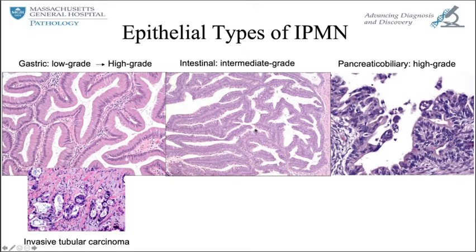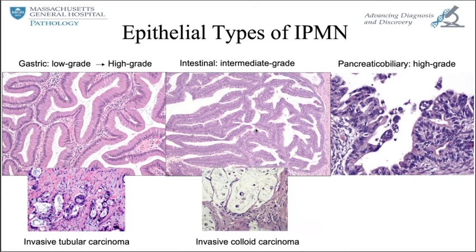Now, the intermediate grade intestinal type IPMNs are the most common type in your main duct, and they are the ones that lead to invasive colloid carcinomas. And although colloid carcinomas have a better prognosis than tubular carcinomas, they still are an invasive carcinoma. And we do want to resect these prior to the development of an invasive carcinoma.